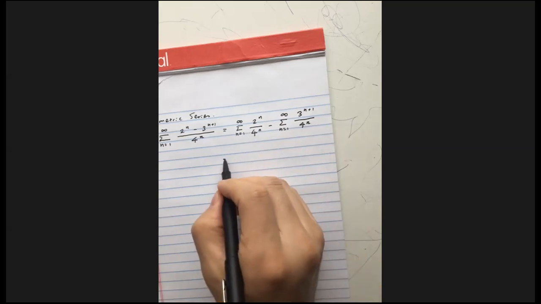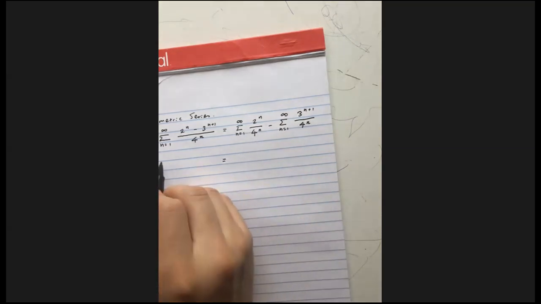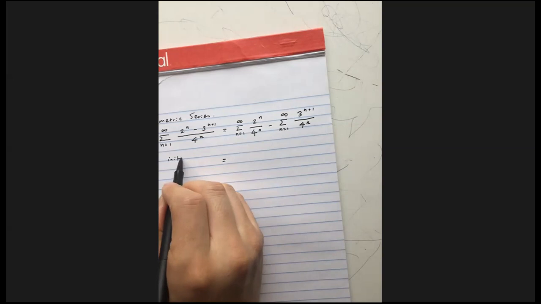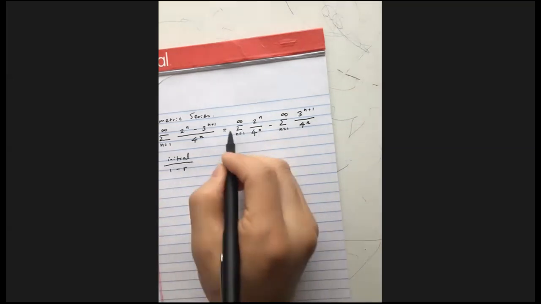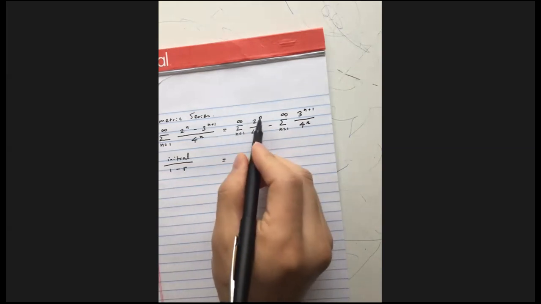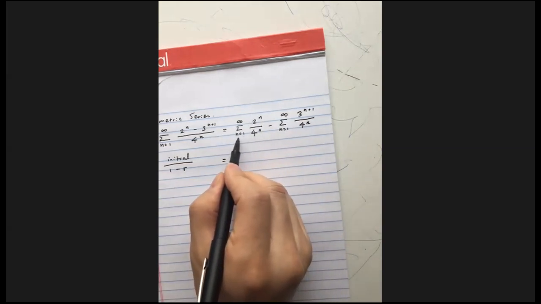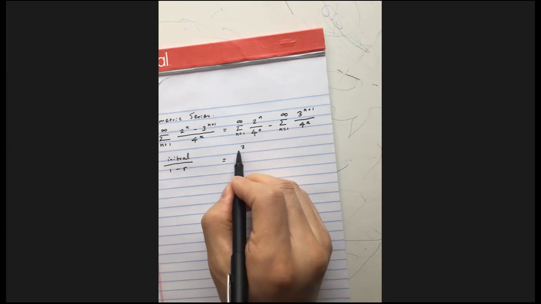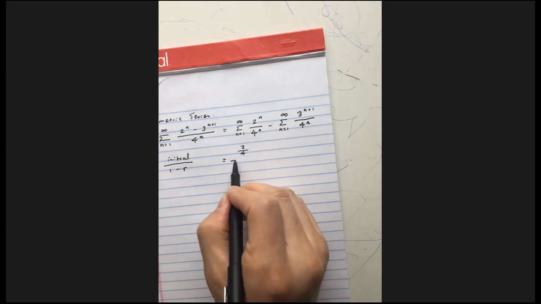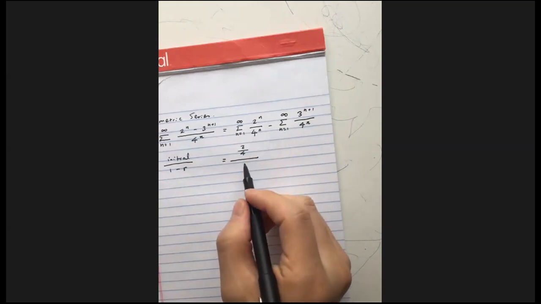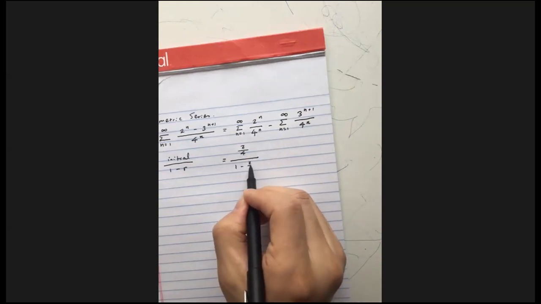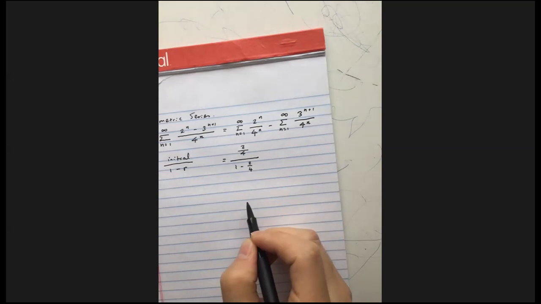The value, by my formula, is the initial term over 1 minus R. For the first series, the initial value at n equals 1 corresponds to 2/4, over 1 minus the ratio 2/4. That's my first one.